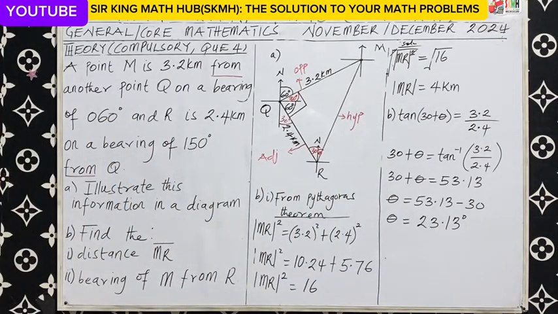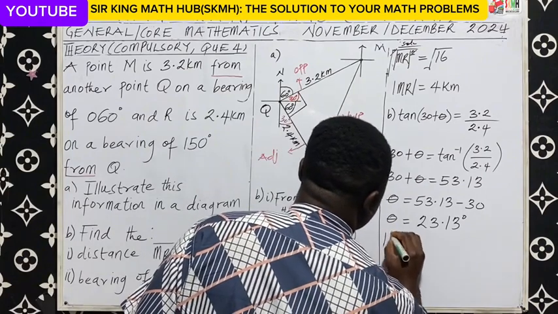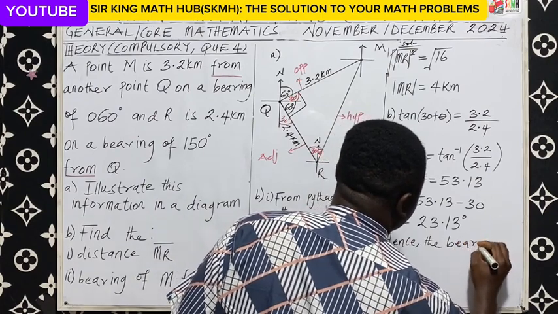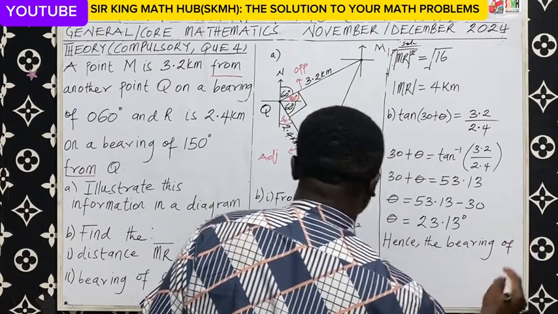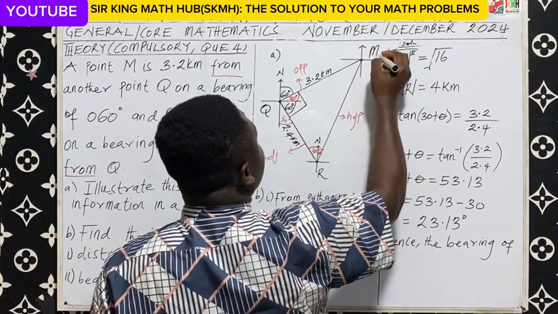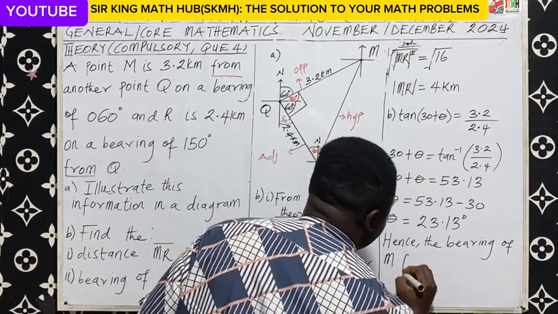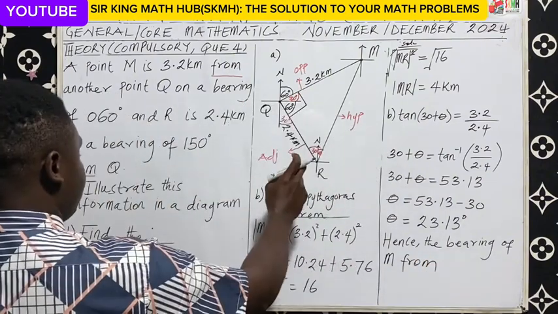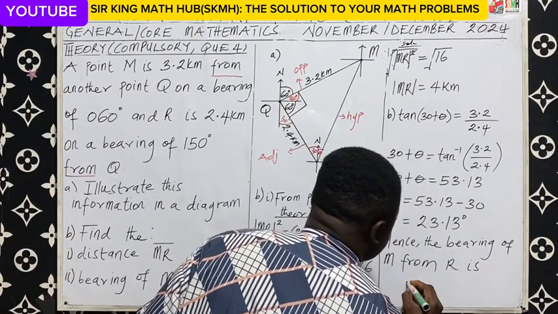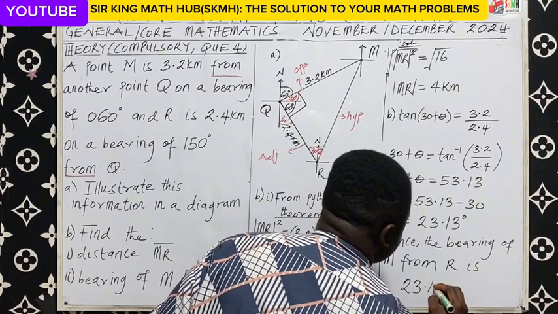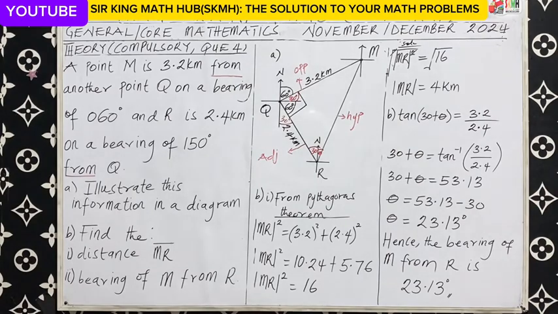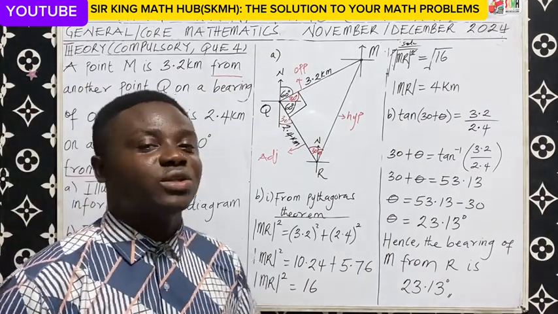The conclusion is that the bearing of M measures 23.13 degrees.